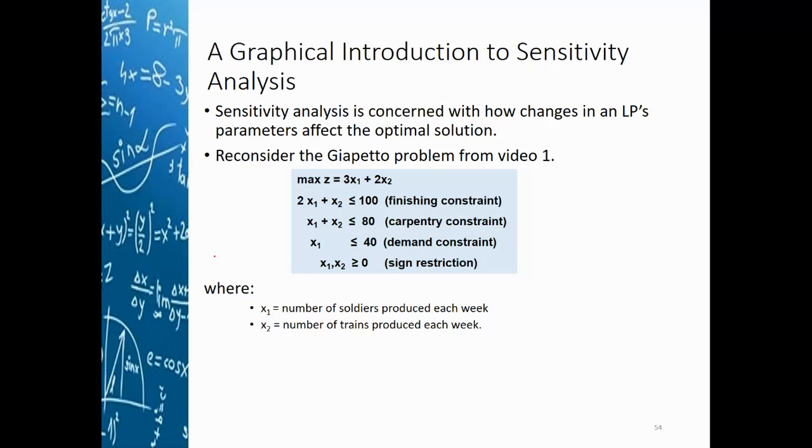We have a maximized objective function of 3x1 plus 2x2, and the constraints we need to consider are three: the finishing constraint, the carpentry constraint, and the demand constraint. The sign restriction just keeps your valuation in the first quadrant. That's straightforward, I think.